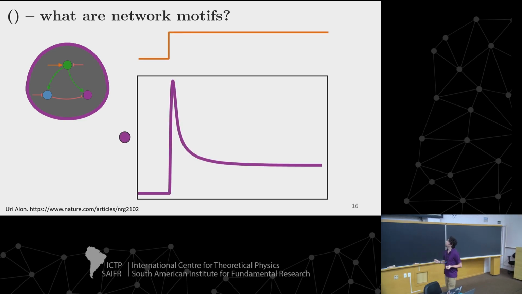For example, give an adaptation. If you get this motif, you have a direct activation here and an indirect inactivation here, and this makes this pulse: if you give a sustained stimulus to this green node, the response is not sustained, it has a peak. So this system can adapt to something and sense, for example, changes in the total stimulus and not the absolute value.